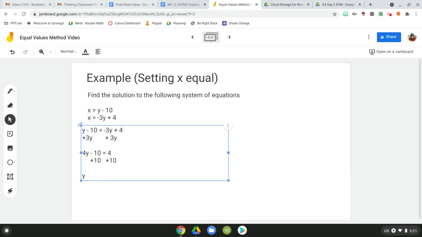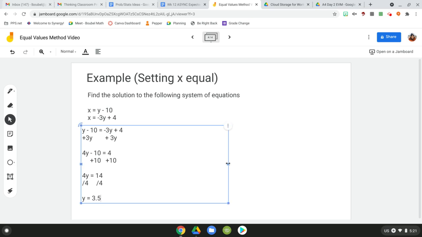So now I've got 4y equals 14. Last step to get y by itself here, divide both sides by 4. And in the end, I get y equals 3.5 or 7/2, however you want to write it.